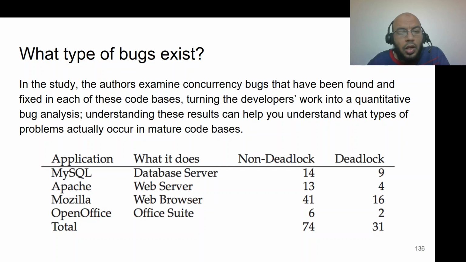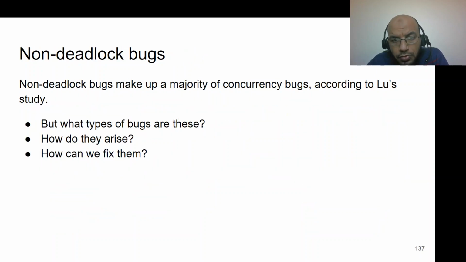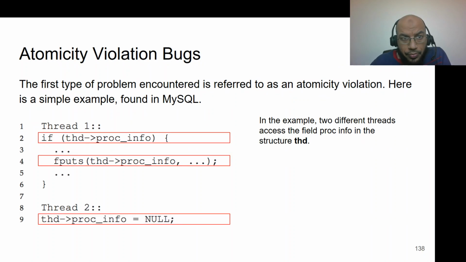OpenOffice, which is basically like Microsoft Word and Microsoft Excel and so on, was much better. There were much fewer deadlock and non-deadlock bugs in it, and this is what these authors could find. So non-deadlock bugs make up a majority of concurrency bugs. So let us look at what these are, how they arise, and how we can fix them.